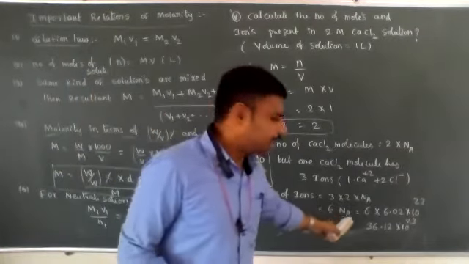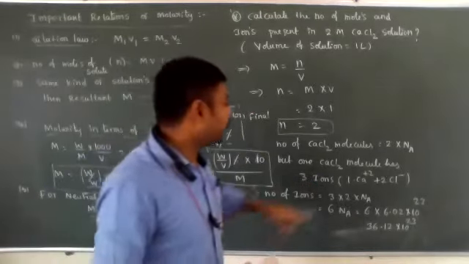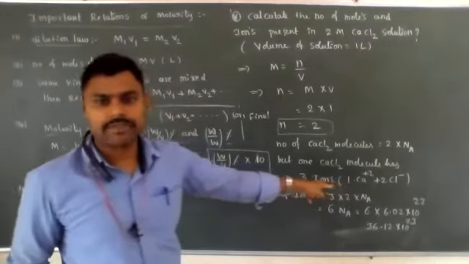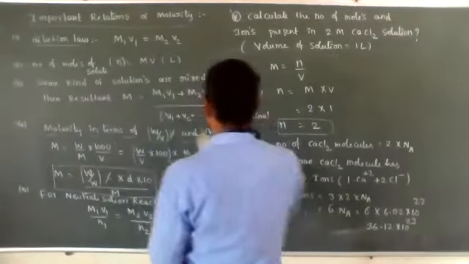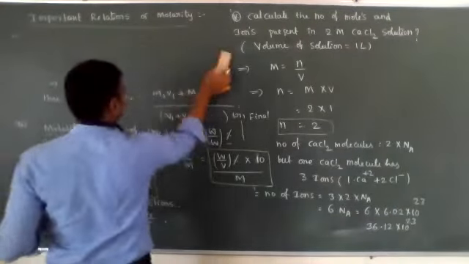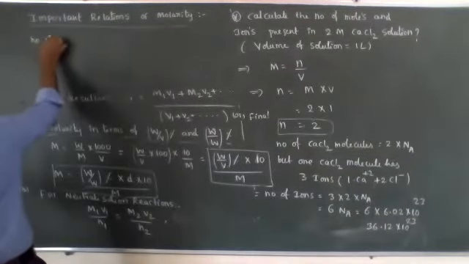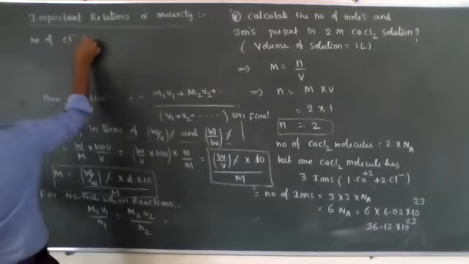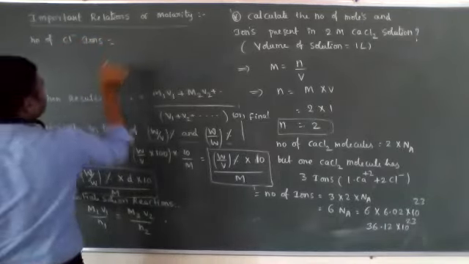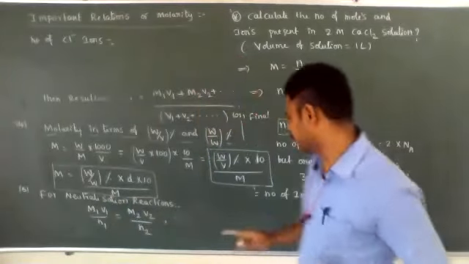Total 6 Na ions are present. But if they ask how many chloride ions only are present, what do we need to do? Sometimes they will ask the question this way: how many chloride ions? Instead of the total number of ions, they will ask just how many chloride ions are present.